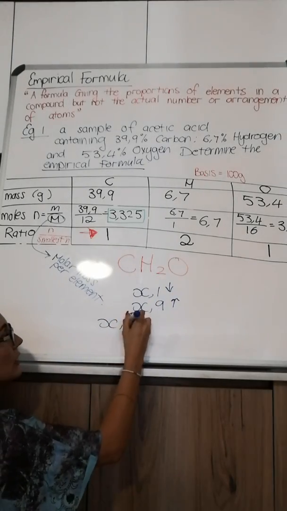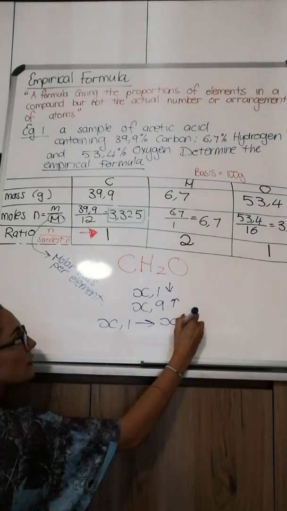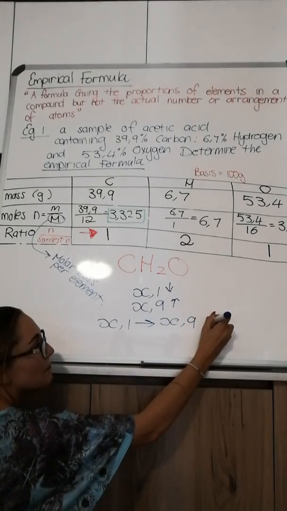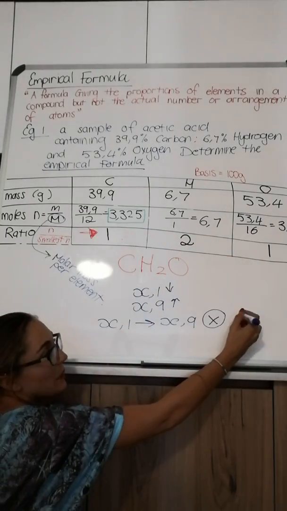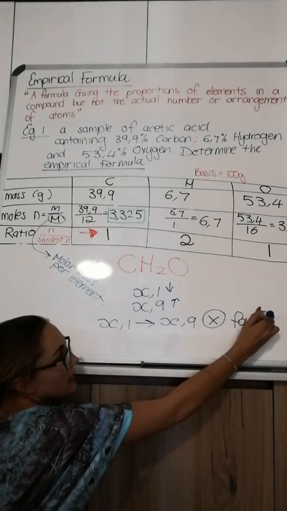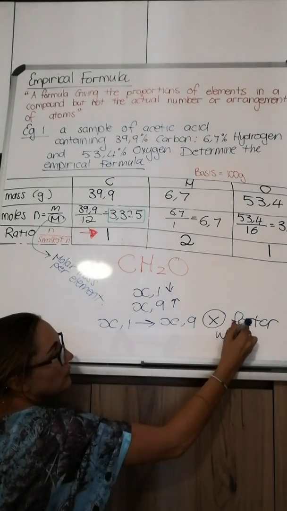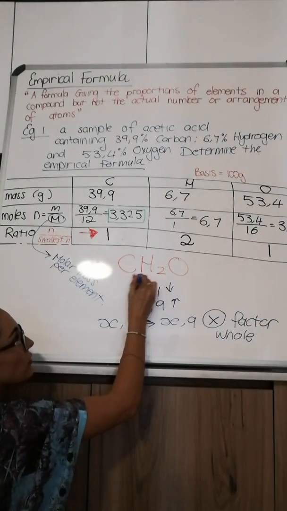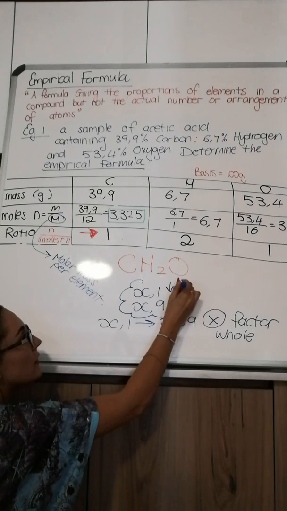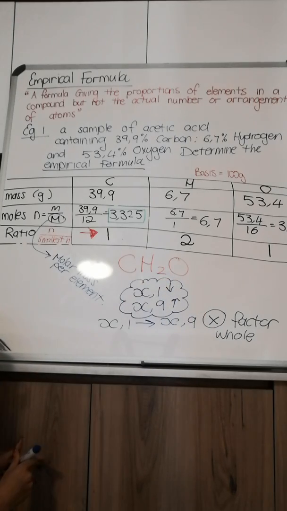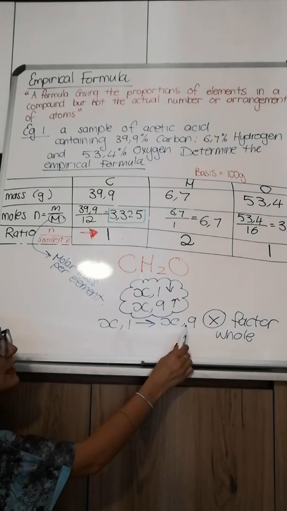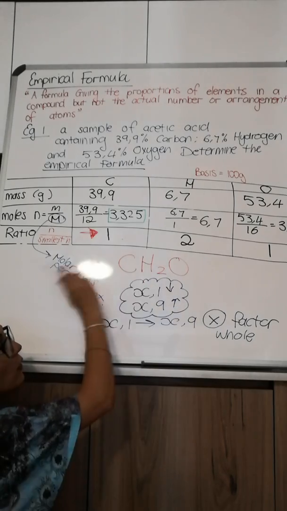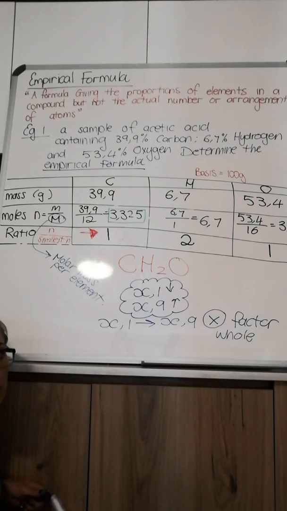But anything in between, you need to actually multiply all of your ratios by some factor that will make them whole. So general rule, if you've got something point 1 or something point 9, you can round off. But as soon as you have anything between point 1 and point 9, you have to actually multiply all of them by a certain factor to get to a whole number. Okay, and that's the next example I'm going to show you.